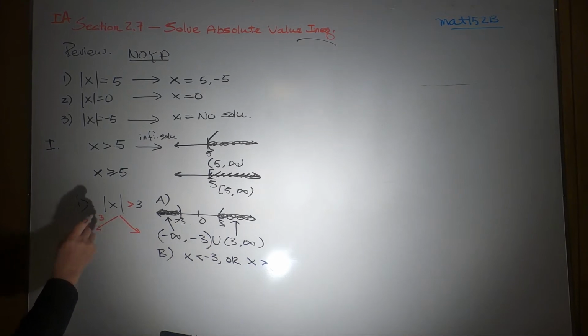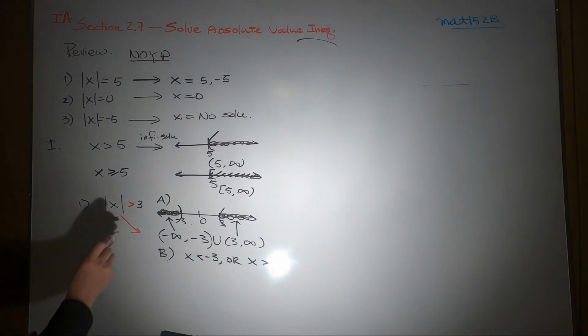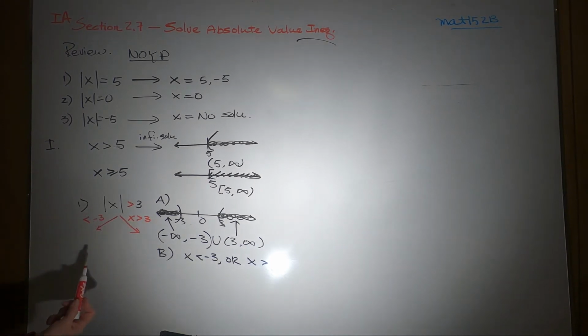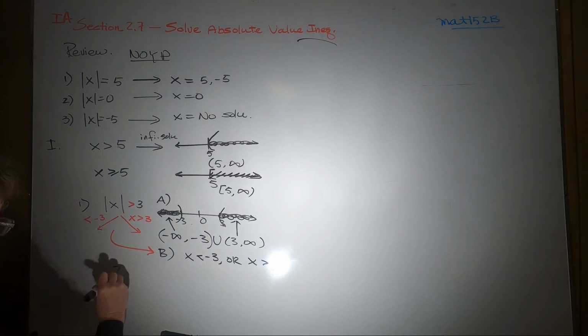The left-hand side is less than -3, and the other side is bigger than 3. So you have a negative side and a positive side. The positive side is obvious, always bigger than the number. The negative side has to be less than the negative number. So you will write the answer that way. This is a greater than, so if greater than, you will have two parts.